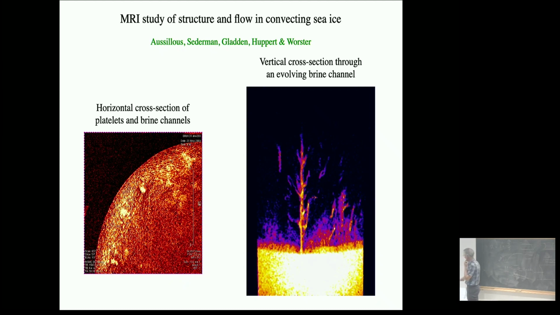Here is a poor man's video, about 6 frames, because these pictures take a long time to acquire. We saw the evolution of the ice going downwards and the development of a dissolution channel, a brine channel. And what's happening here is that we're above the critical Rayleigh number, so there's convection.